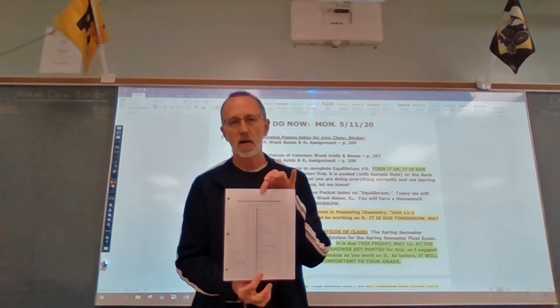So, quick review from yesterday. We looked at this chart here and talked about the K values for various acids. We noted that the K for strong acids were extremely large, so large in fact that they are undefinable according to the rules of math, since we can't divide by zero.